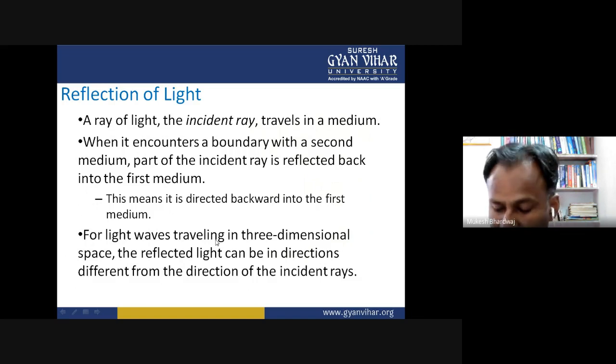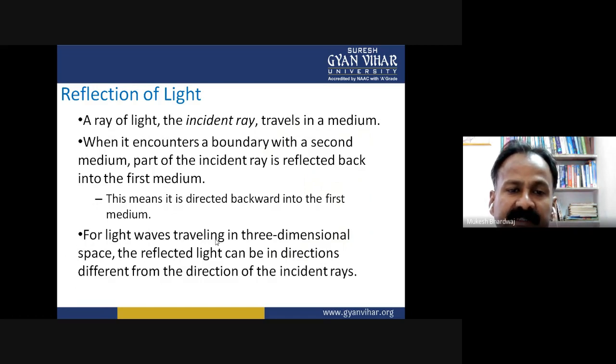Reflection of light. A ray of light, the incident ray, travels in a medium. When it encounters a boundary with a second medium, part of the incident ray is reflected back into the first medium.